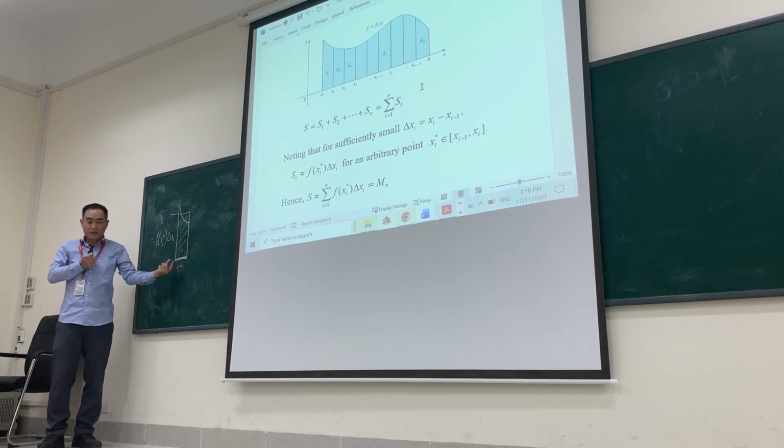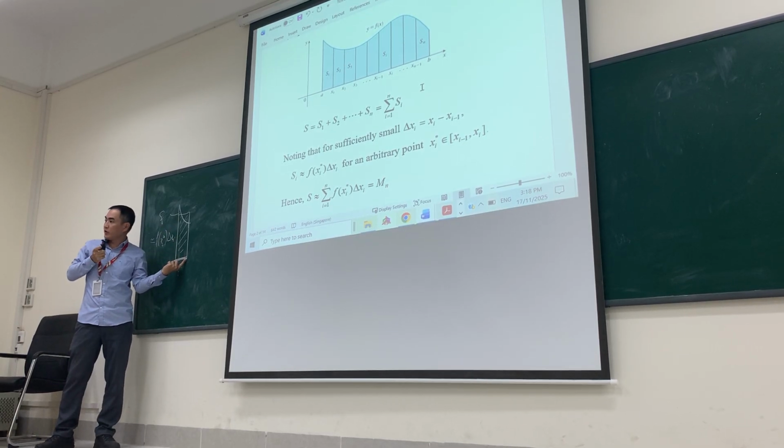We can approximate this way on each i-th subinterval.